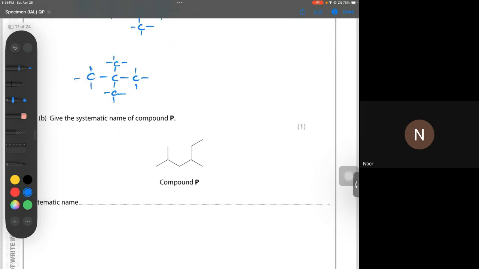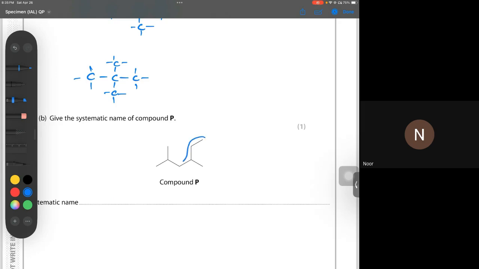Give the systematic name of compound P. I told you we have different rules to give the systematic IUPAC name to this compound. The rule says you first select the longest carbon chain.